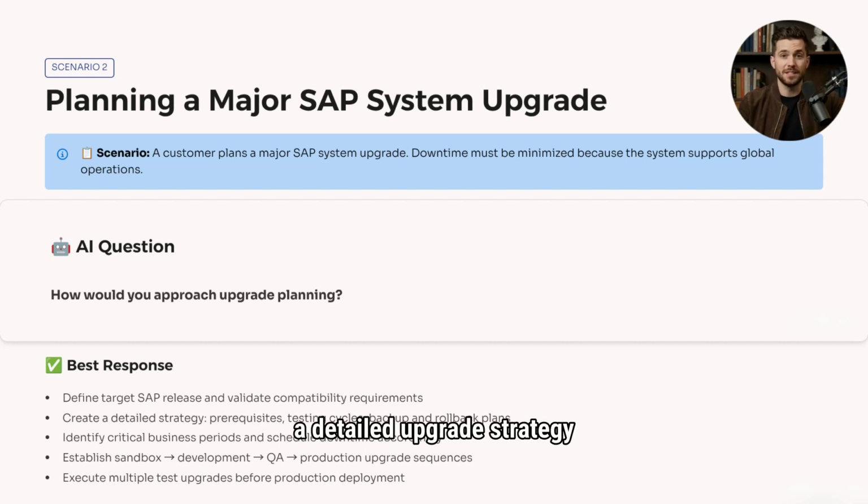Next, I would create a detailed upgrade strategy including technical prerequisites, testing cycles, backup procedures, and rollback plans. I would identify critical business periods and schedule downtime accordingly. I would establish sandbox, development, quality assurance, and production upgrade sequences. Finally, I would execute multiple test upgrades before production deployment.